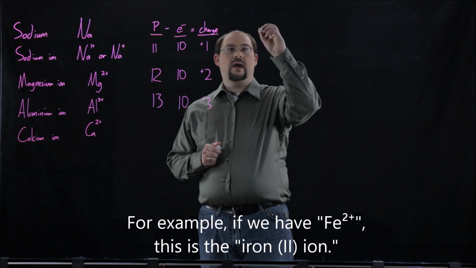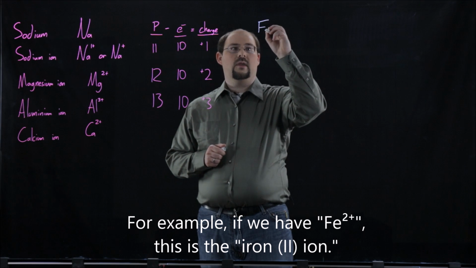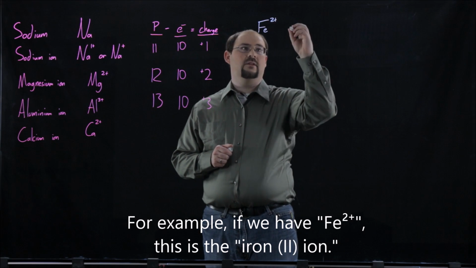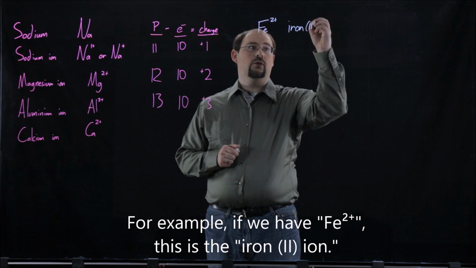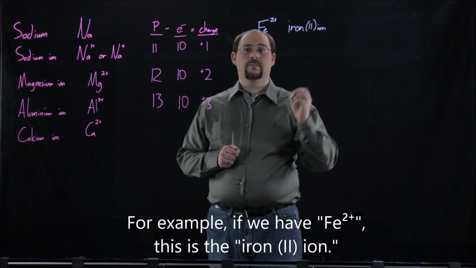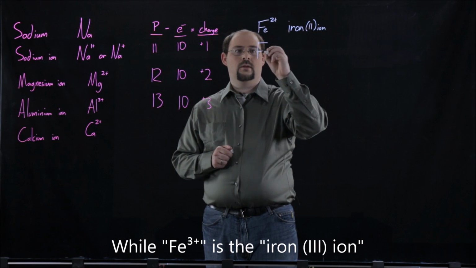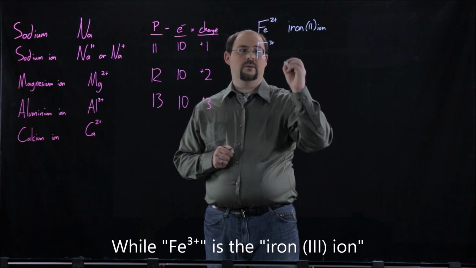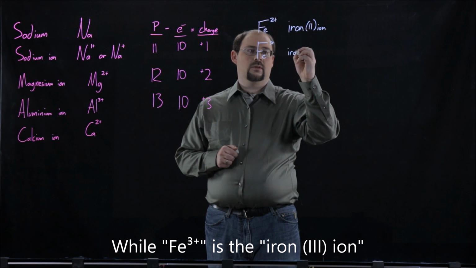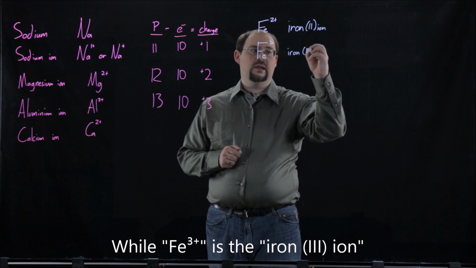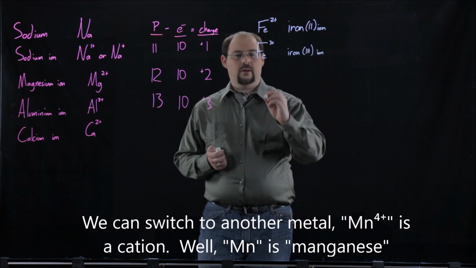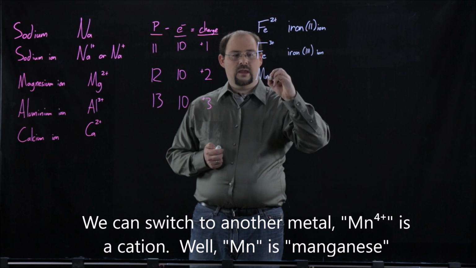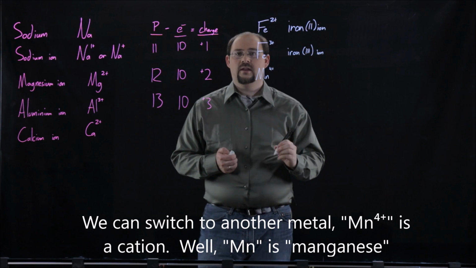For example, if we have Fe2+, this is the iron 2 ion, while Fe3+ is the iron 3 ion. We can switch to another metal. Mn4+ is a cation.